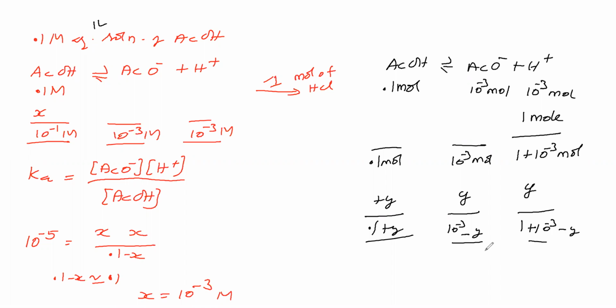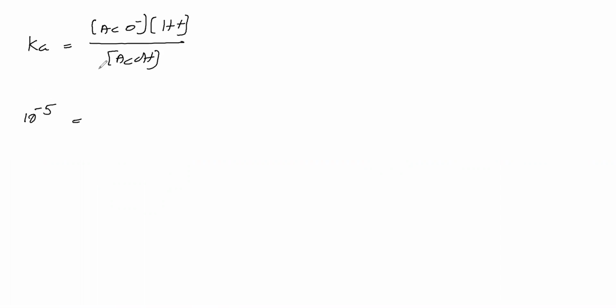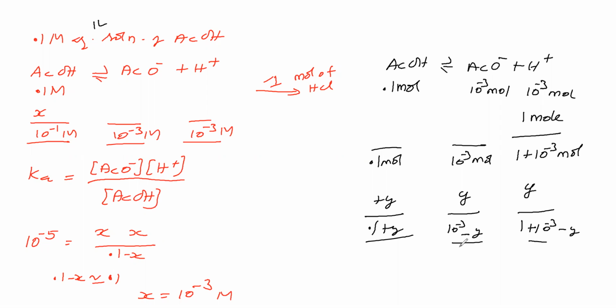Now we have to find the value of y. For which we will take the equilibrium constant, Ka. Ka is equal to the concentration of acetate ion times the concentration of H plus ion, divided by the concentration of acetic acid. Ka roughly we will take as 10 power minus 5. Acetate ion concentration is 10 power minus 3 minus y.